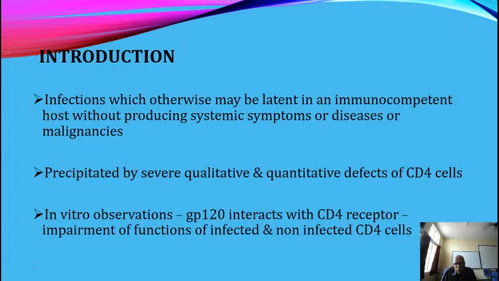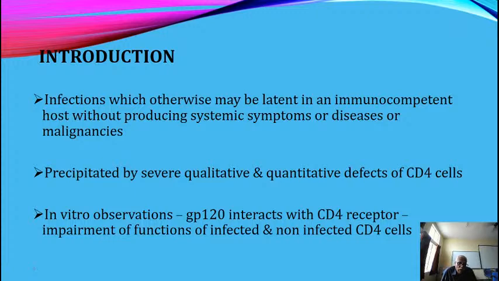Normal CD4 levels are 500 to 1200. When it starts falling below 500, in the beginning you get superficial fungal infections, then some superficial bacterial infections. But when it falls below 200, we start getting specific AIDS-defining illnesses. Below 200 we get PCP pneumonia, and below 100 we get cryptococcosis, cryptococcal meningitis or cryptococcal dermatitis.